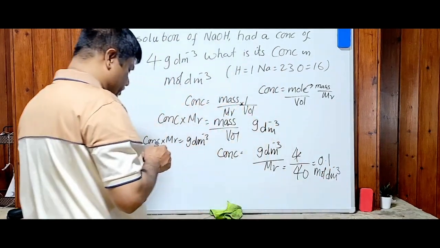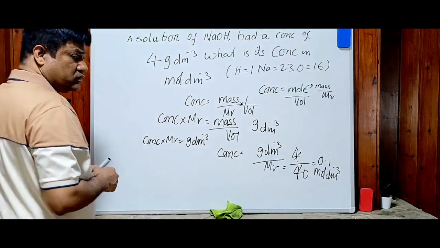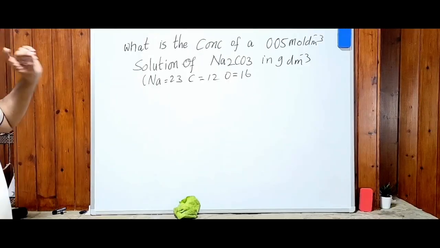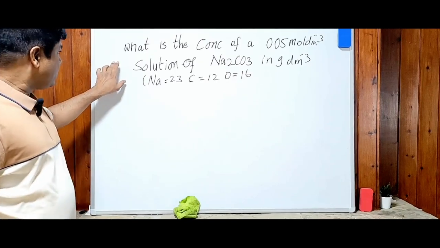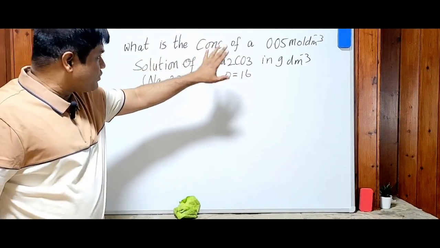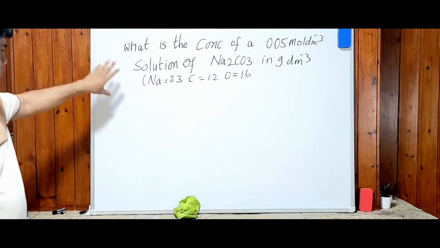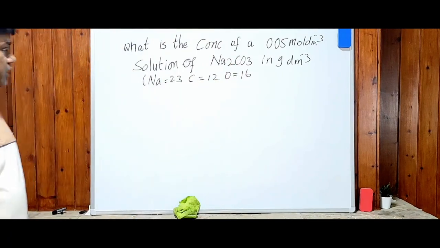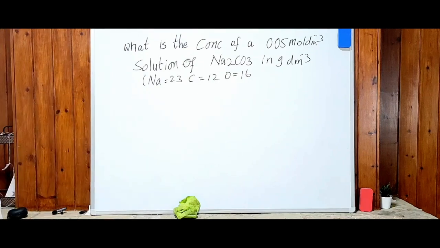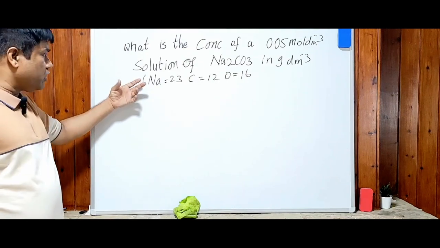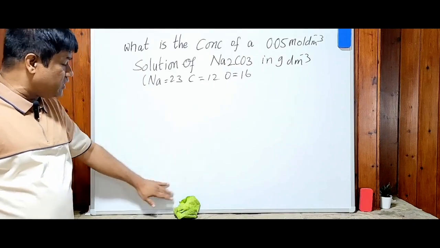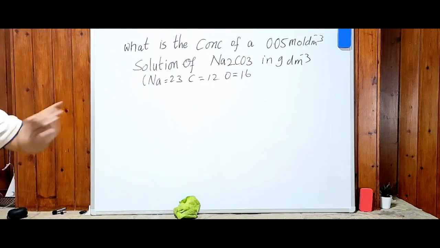We will do one more question, guys. Look, what is the concentration of 0.05 mole dm minus 3 solution of sodium carbonate in gram per dm cube? So conc, which is given in mole dm minus 3, so you have to change into gram per dm cube.